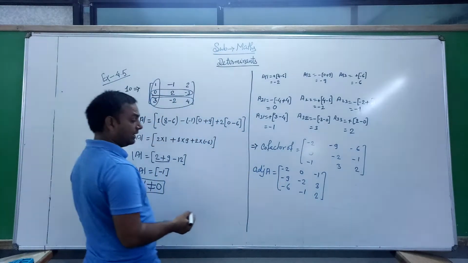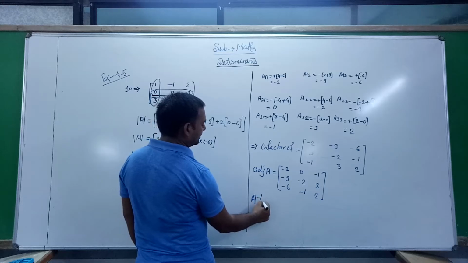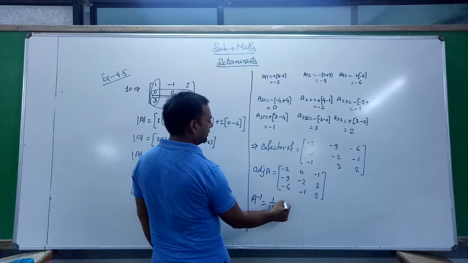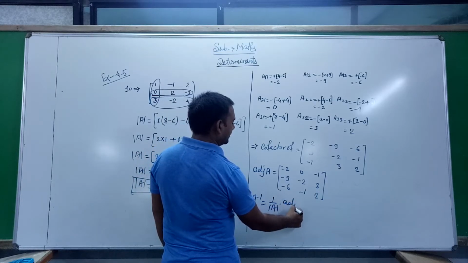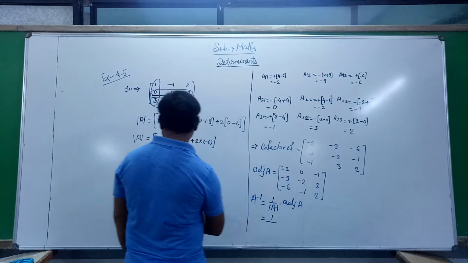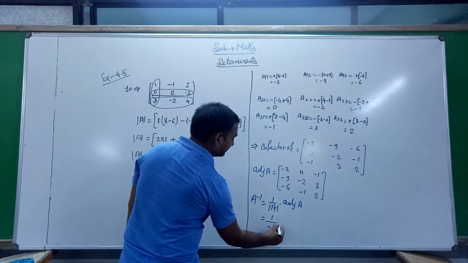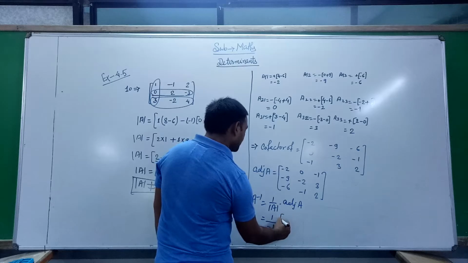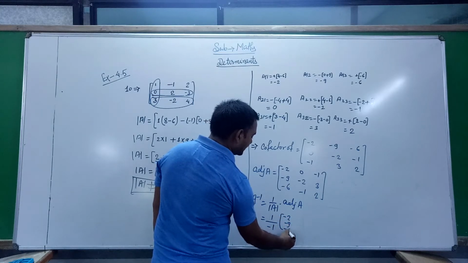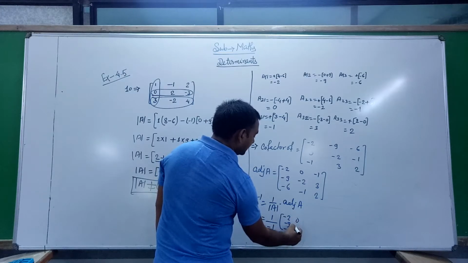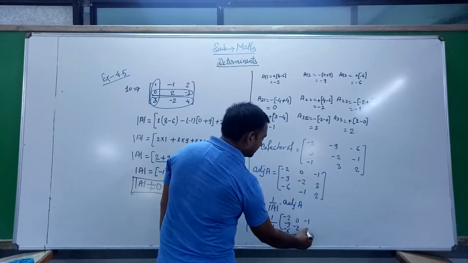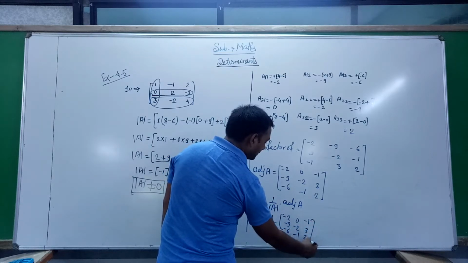After that you find A inverse, that is equal to 1 upon mod A into adjoint of A, that is equal to 1 upon the value of mod A, which is minus 1, into minus 2, minus 9, minus 6, 0, minus 2, minus 1, minus 1, 3 and 2.